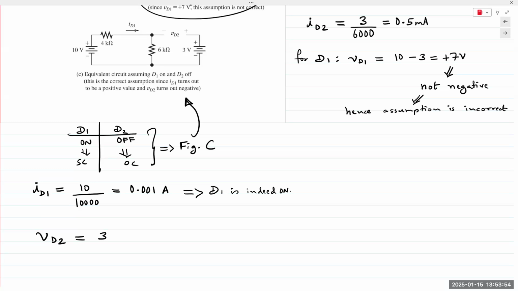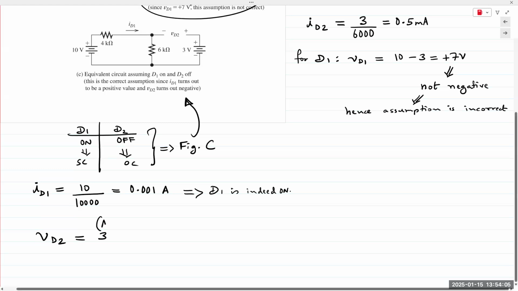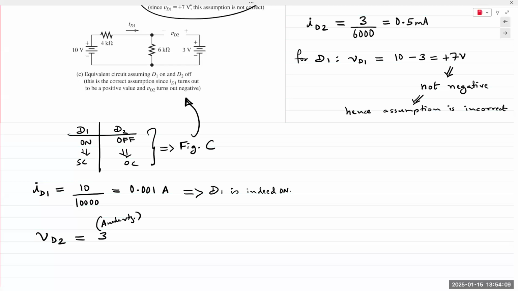What is the voltage at the cathode? Again, we'll use a circuit analysis technique.